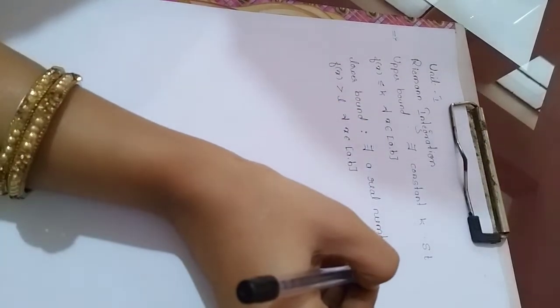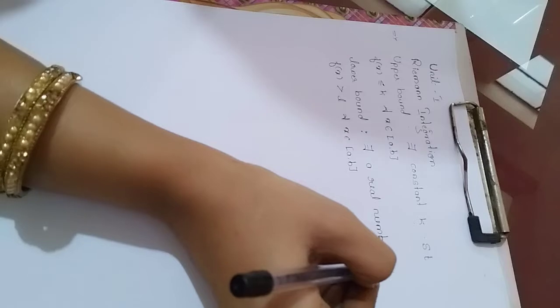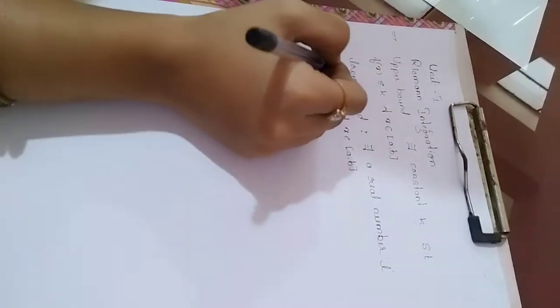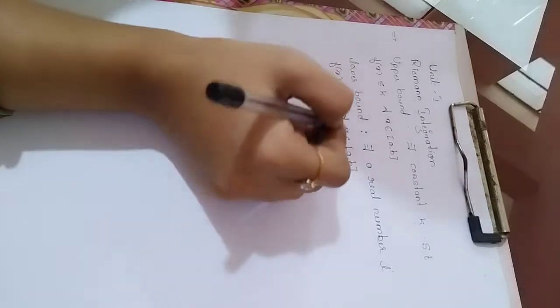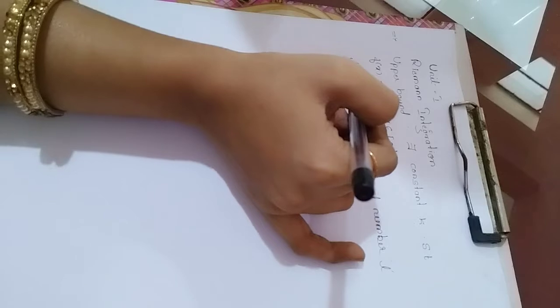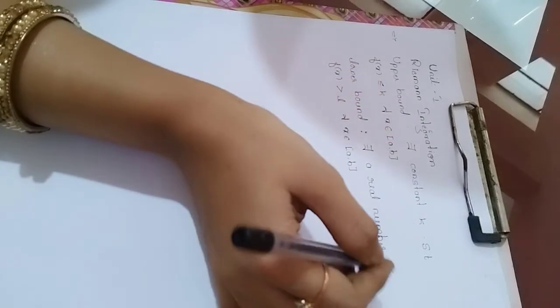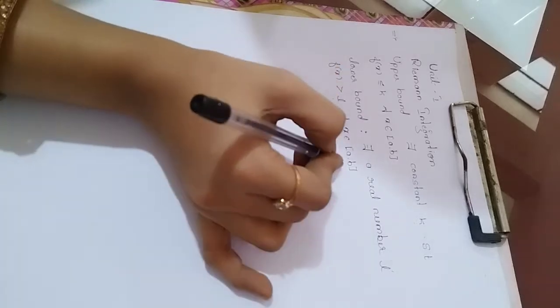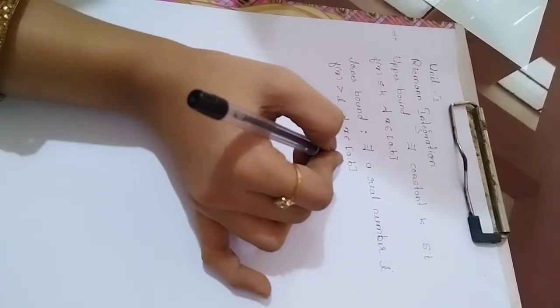This L is called the lower bound of f of x, and f of x is bounded below.